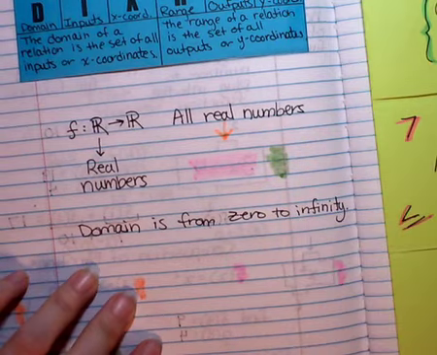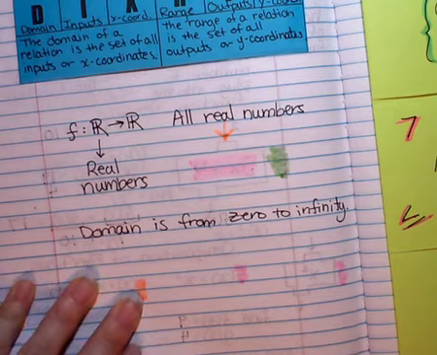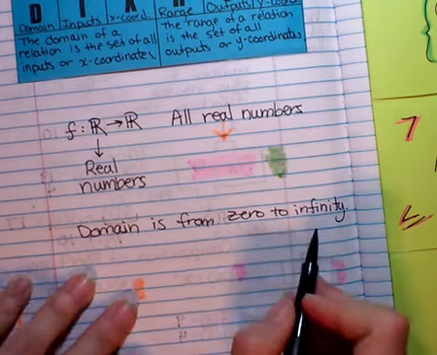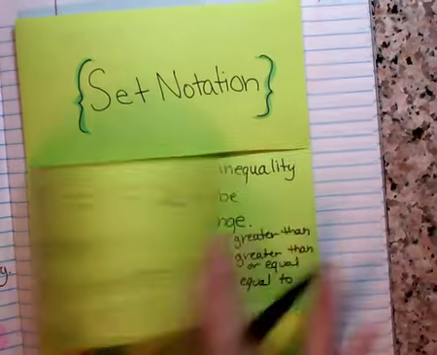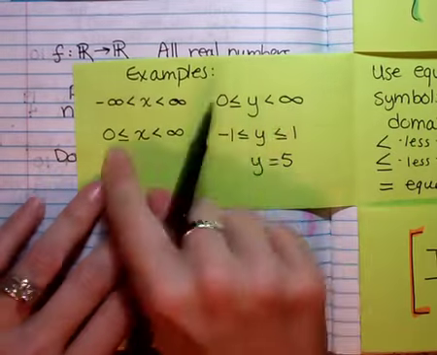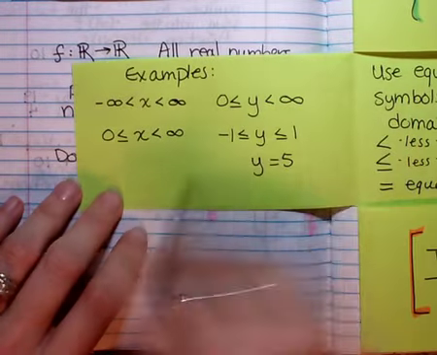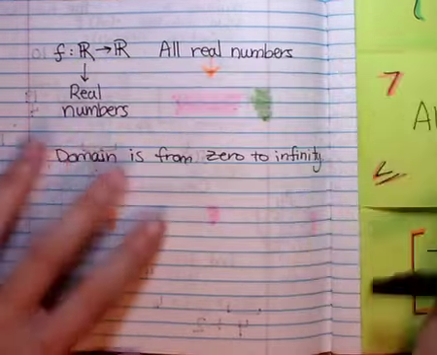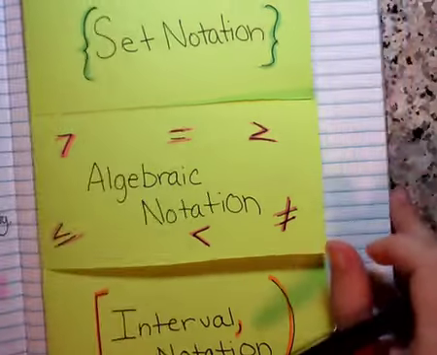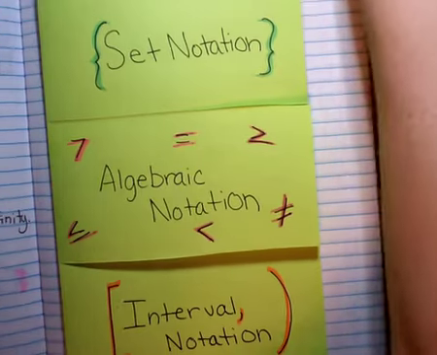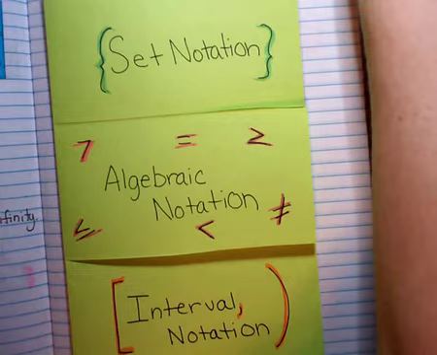But once again, mathematicians are super lazy, and I would not want to have to write all of those words if I had the possibility of simplifying it and using algebraic notation and being able to write those few symbols instead of having to write out that long sentence. That's the reason for having these 3 different notations that we use when we're talking about domain and range.